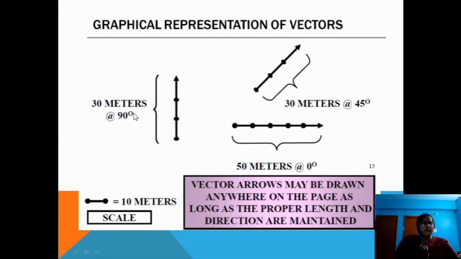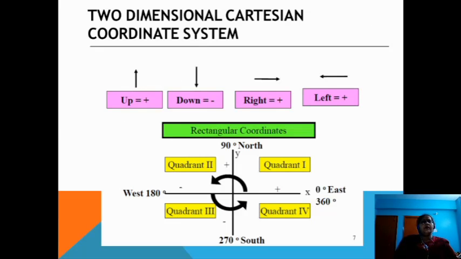If you remember, this is the vertical line, so the angle is 90 degrees. Similarly, if we had a vector along the x-axis, then it will have an angle of 0 degrees. If we have something in between, say this can be a vector of angle 45 degrees.